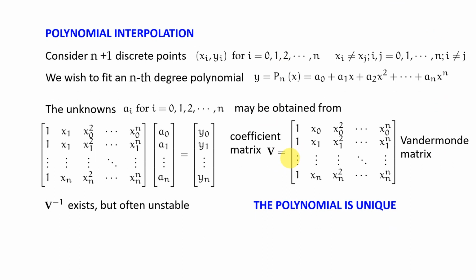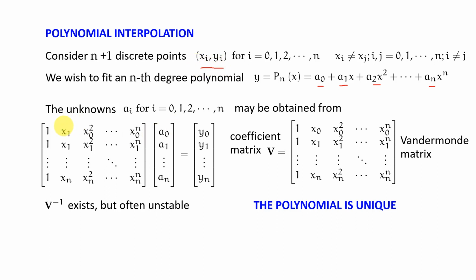Recall what we have discussed last time. We have seen that the straightforward way of finding the constants in a polynomial, that means a0, a1, a2 up to an, these n plus 1 constants, is to satisfy this polynomial by these n plus 1 points, xi, yi.